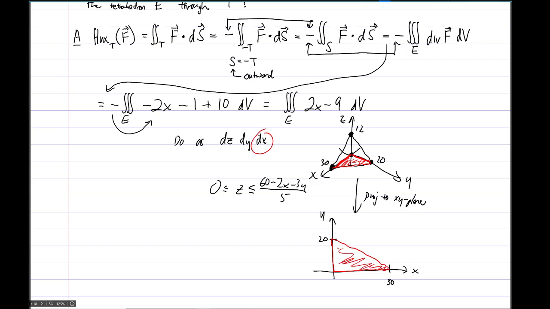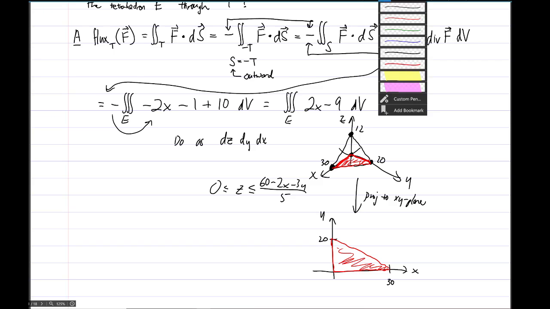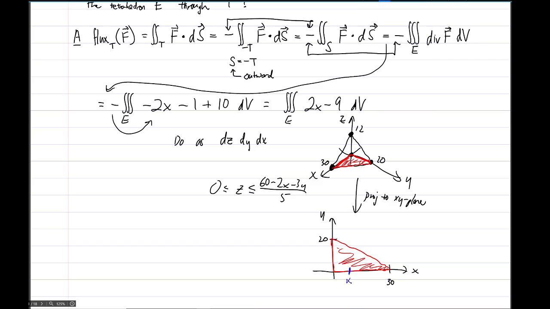Since we are choosing to do this as dy dx, for a fixed x value, we want to know what's the smallest y and the largest y. Well, the smallest y, no matter which x you pick, should still just be 0 always, but the largest y depends because it's given by this line right there. Now that line, by the way, we'll work this out offline, is y equals 20 minus 2/3 x.